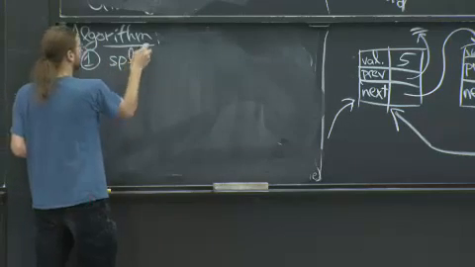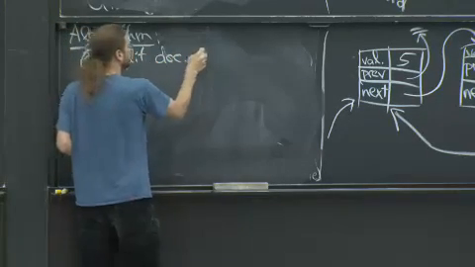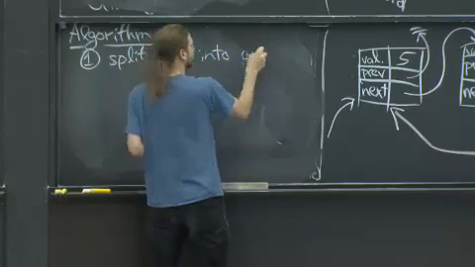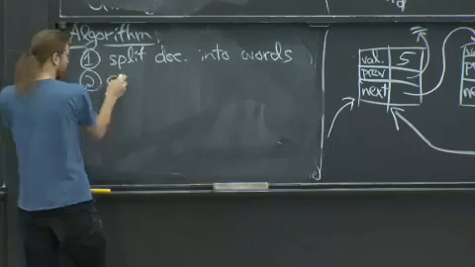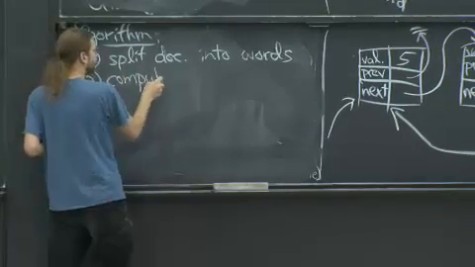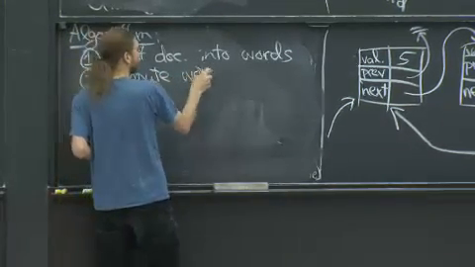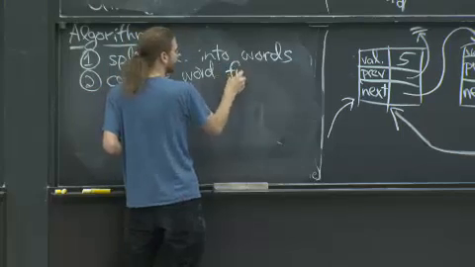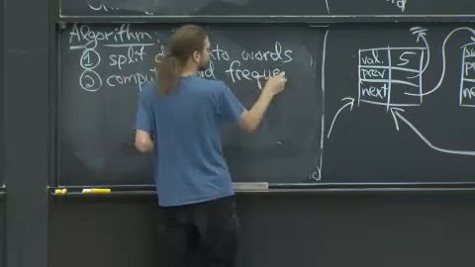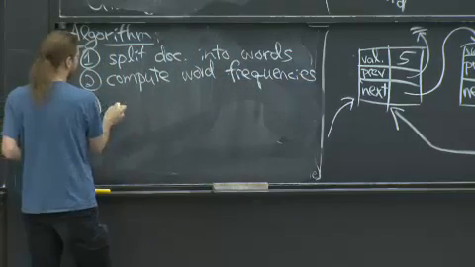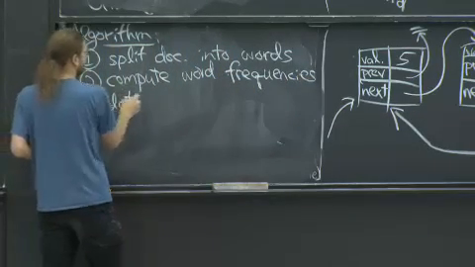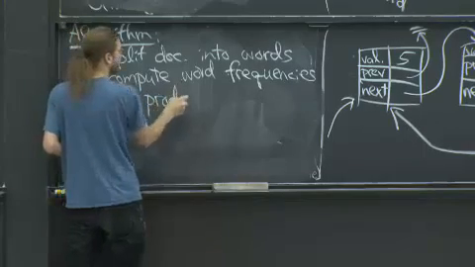One, split a document into words. Second, compute word frequencies, how many times each word appears. This is the document vectors. And then the third step is to compute the dot product.